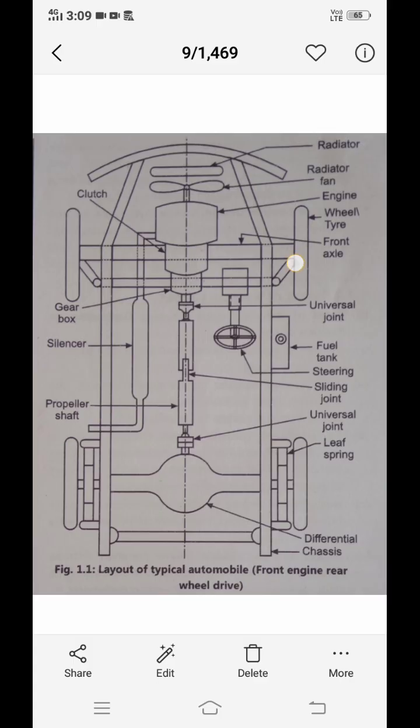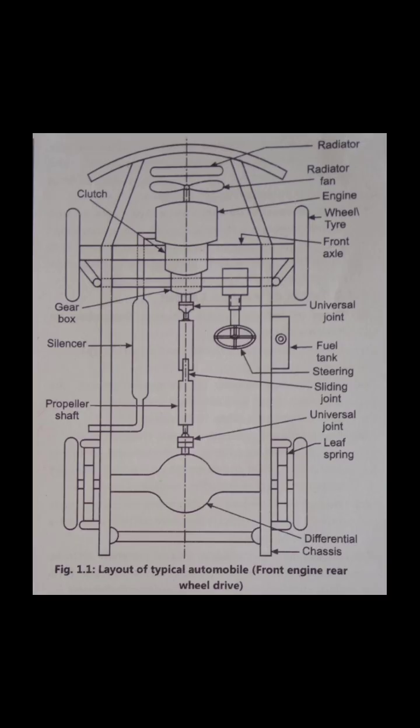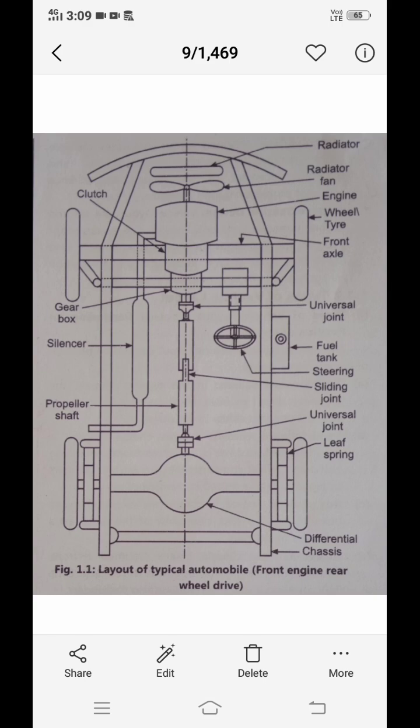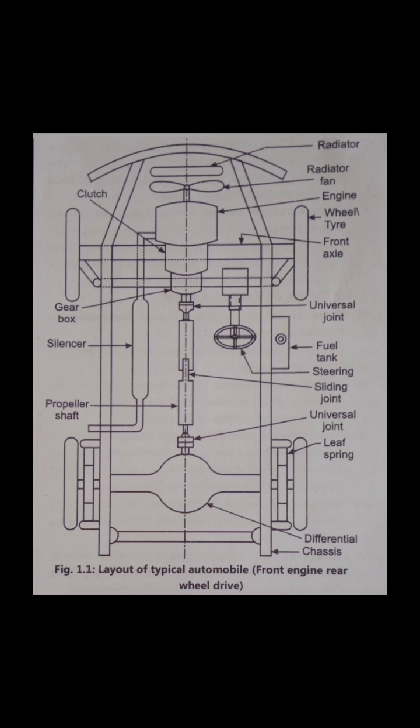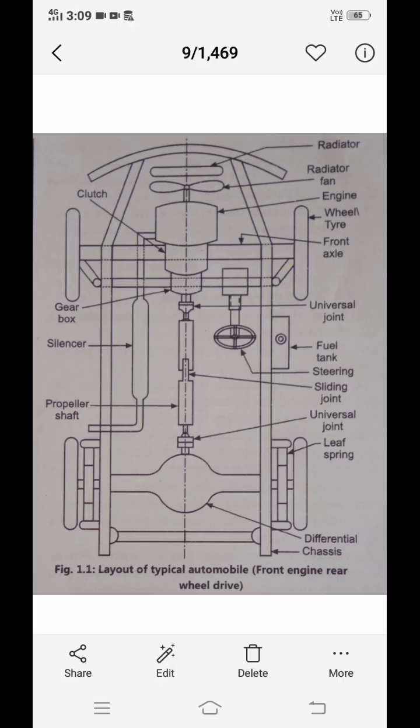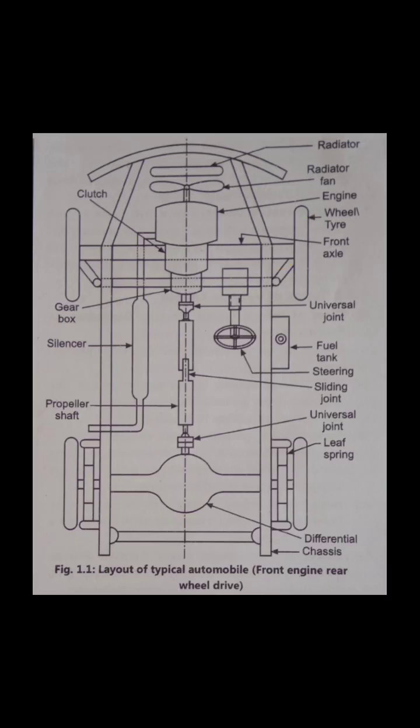Then second is space utilization. How you utilize the space on the chassis frame is a very important factor. The structural layout influences the allocation of interior space and storage capacity.